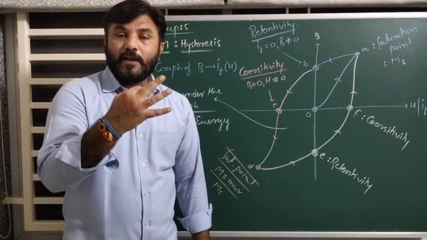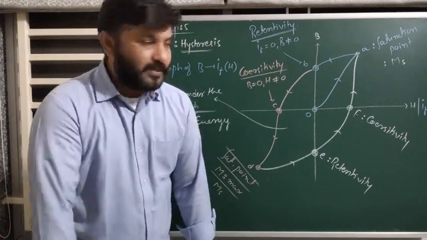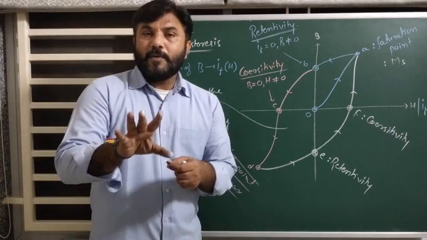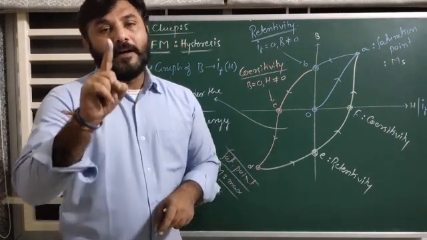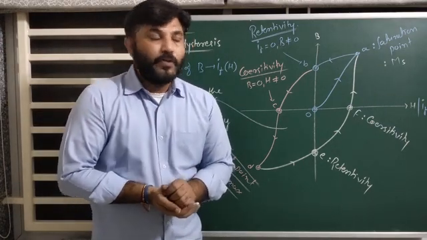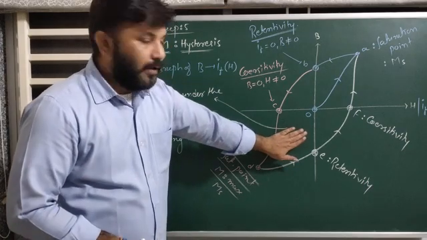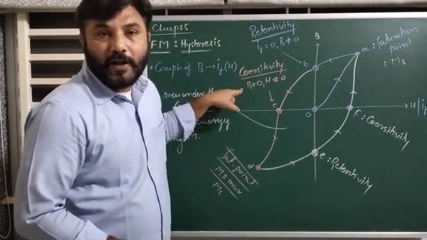It is a 3 or 4 mark question. If it is asked as a 2 mark question, then the question will be like this: draw the hysteresis curve and explain retentivity point and coercivity point. So in that question, you have to draw the graph and you have to explain these 2 points only.